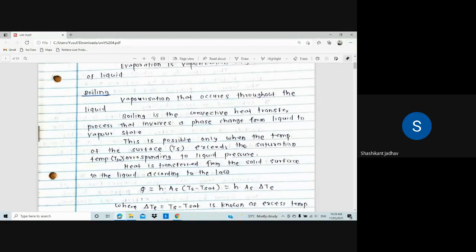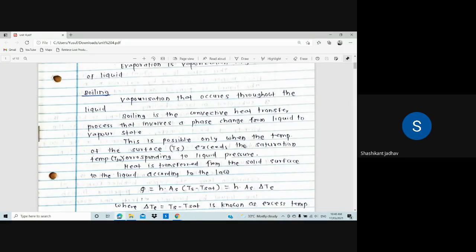Okay, so what is the formula related to convection? That is Newton's law of cooling, and the formula is Q is equal to H into A into delta T. So in that manner we have to write down the equation.